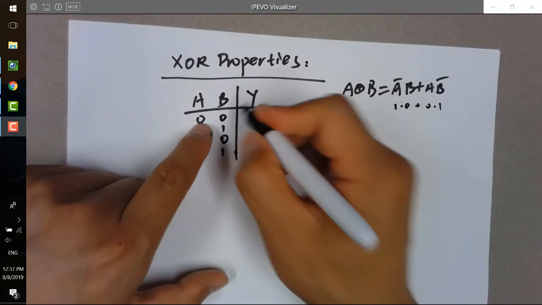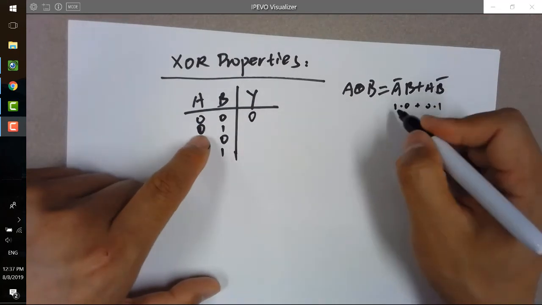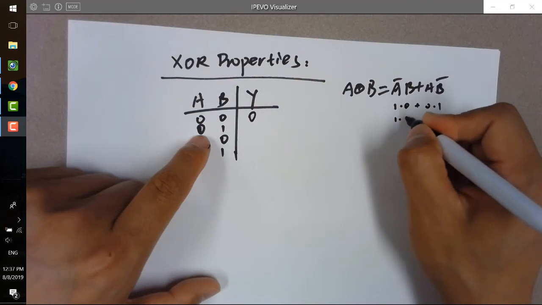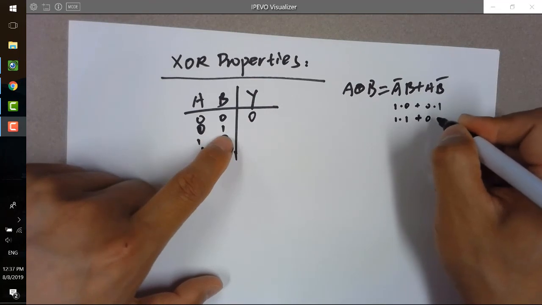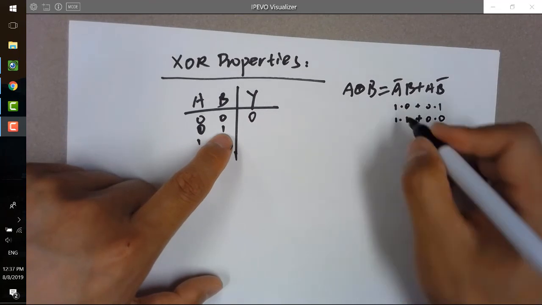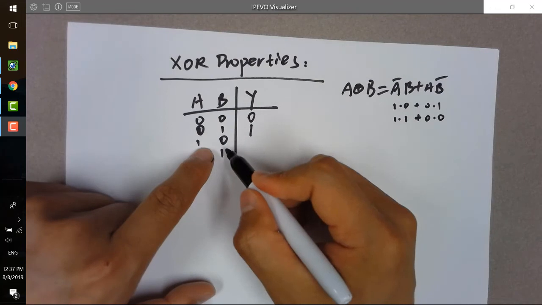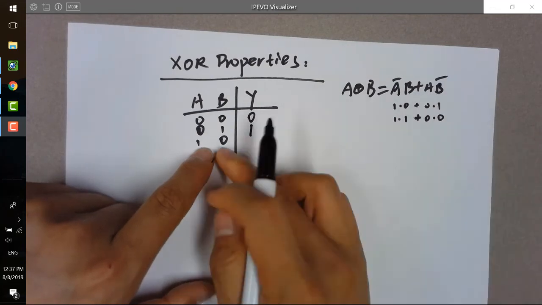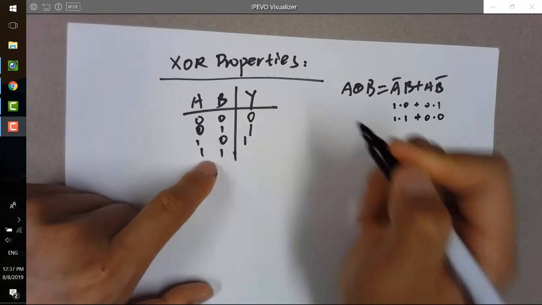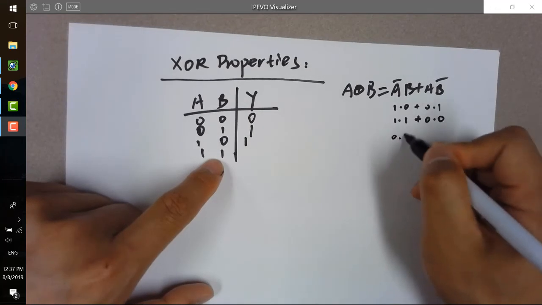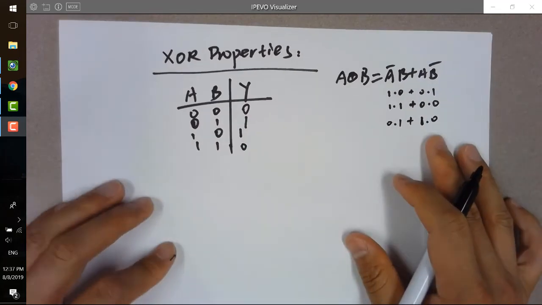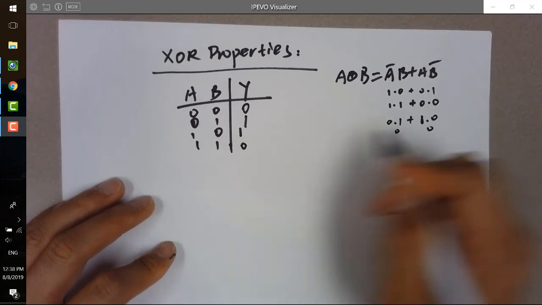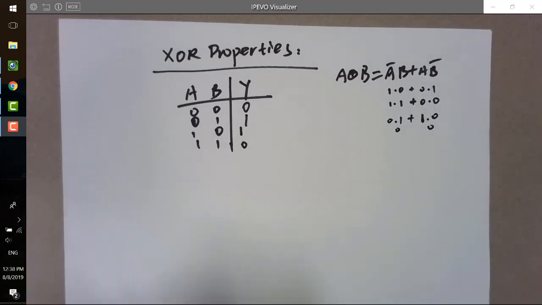So finally, the result is going to be 0. And for this one, it's 1 and 1 plus 0 and 0. So it's 1. Because A and B are symmetric, 0, 1 or 1, 0 should get the same result. And 1, 1, you're getting 0, because this is 0, this is 0. That's the final result.